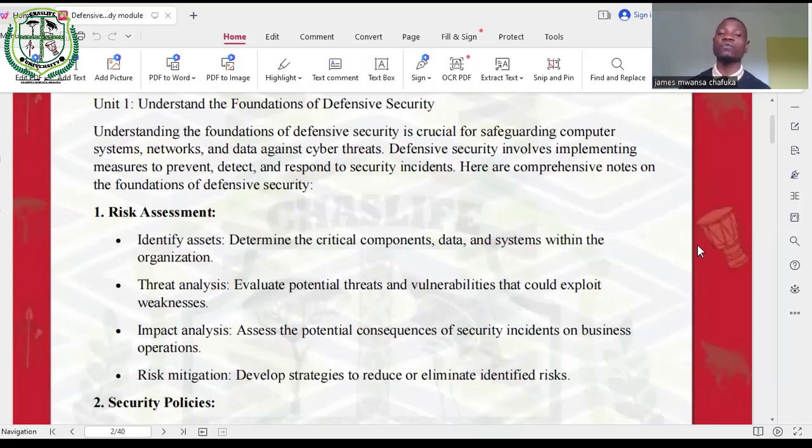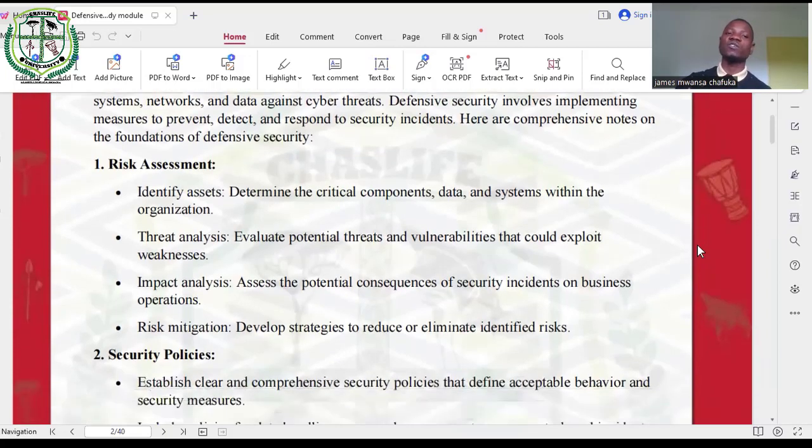Before an incident or a threat can occur, you should be able to find the solution to any threat before it occurs. So you should be able to analyze the threats, meaning evaluate potential threats and vulnerabilities that could exploit the weakness. Okay, very important.